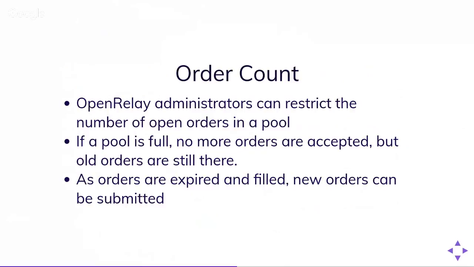As orders are expired and filled, new orders can be submitted. So this would potentially allow us to say, here you have a pool that can have up to 1,000 orders at a time in it, which is more constrained than a completely open-ended pool.